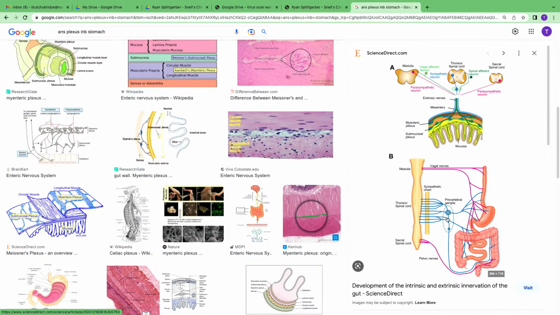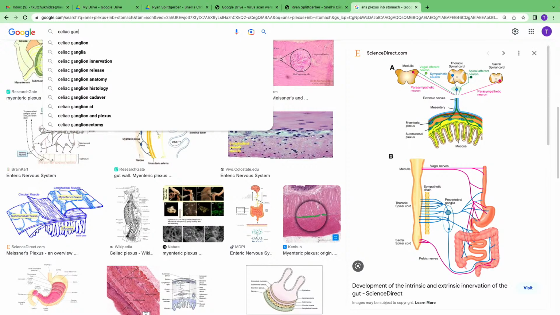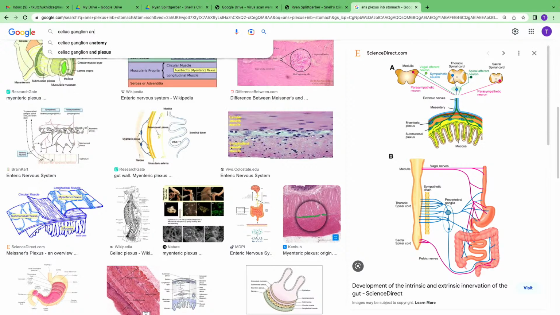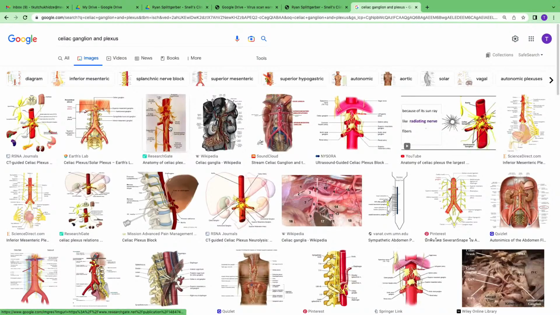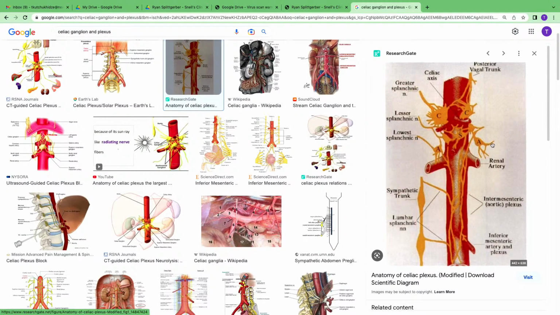It doesn't show us really well, but as you see here, we will have some kind of plexuses here. They will have this kind of location, and this is our celiac axis, and around it we have different nerves.